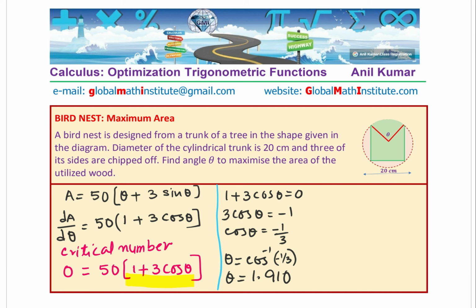As you know, this is an obtuse angle, correct? Because of the cos rule. And pi by 2 is basically equal to 1.57. So 1.91 means that you are in quadrant 2. So that gives you the angle 1.91 in radians. Is that clear to you?